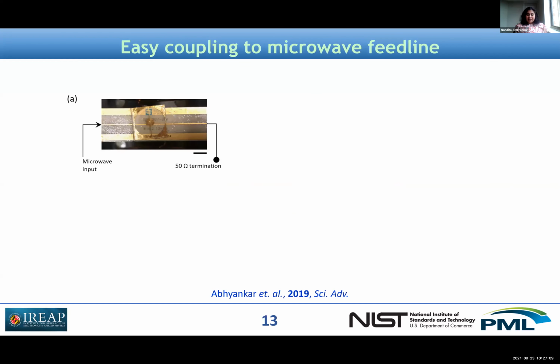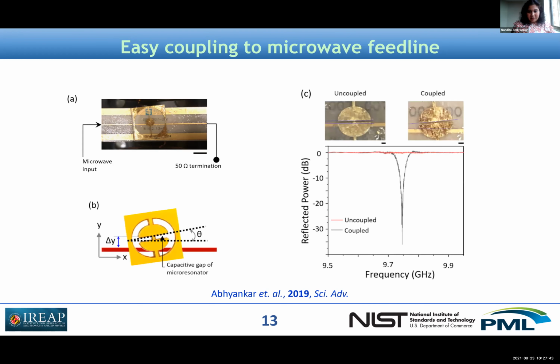Okay, so this was the next challenge that we came across. We started by just placing the microresonator on the microstrip and nothing was really happening. And then what we did was we basically turned the microresonator by a small angle. So instead of having the capacitive gap in the middle be parallel to the microstrip, we turned it so that it's at an angle of somewhere between 10 to 20 degrees.